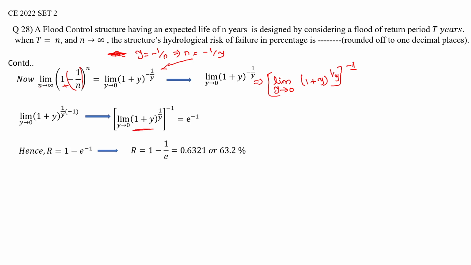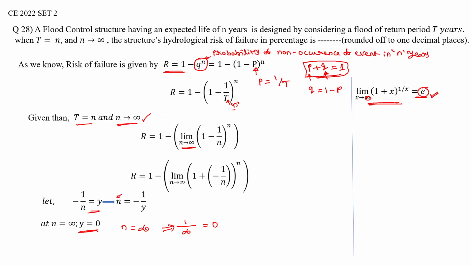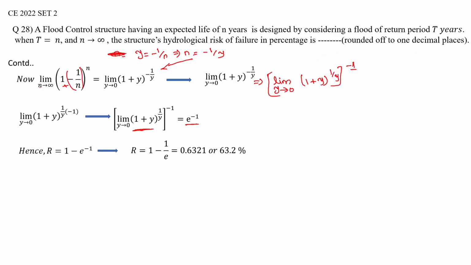This particular result will lead to e power minus 1, as from the previous slide: limit x tends to 0, 1 plus x whole power 1 by x equal to e. So the whole bracket gives the value of e, and we get e power minus 1.